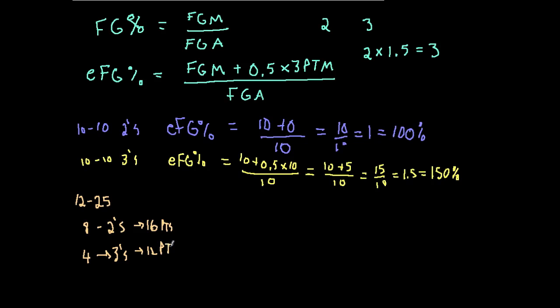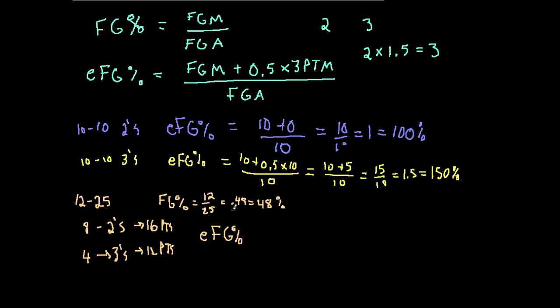And I guess the points don't matter in this formula, they just do it on made field goals and made 3-point field goals. But in any case, I can tell right now, their field goal percentage in this case would be 12 over 25 equals 0.48 or 48%.